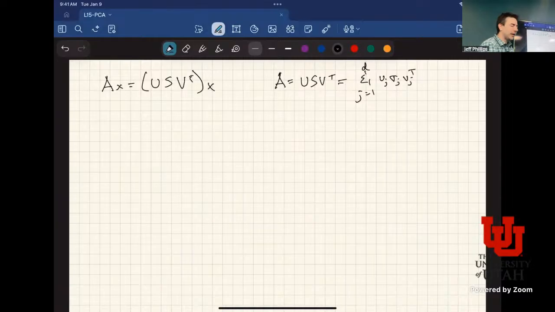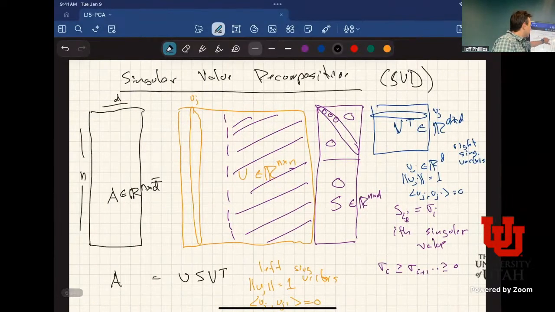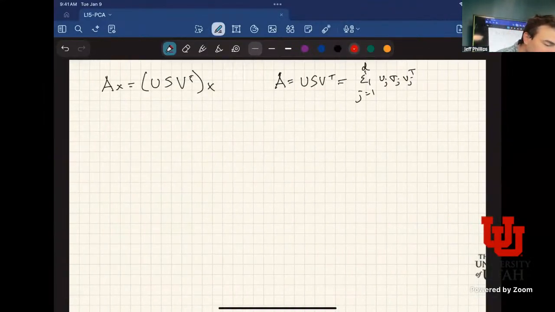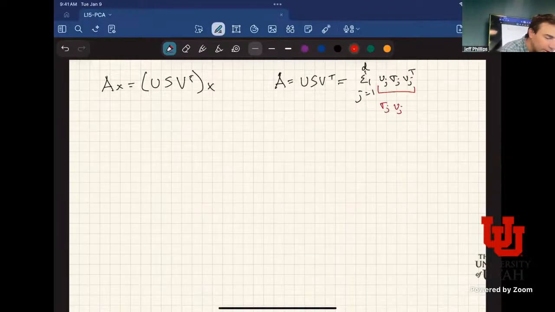So I can write it as the first left singular vector times the first singular value times the first right singular vector transpose. And then I do that for the second one, third one, and so on. Each of these terms is a little strange because I have these vectors. I can write this as sigma_j u_j v_j transpose, because the singular value is a scalar, so I can pull it out.